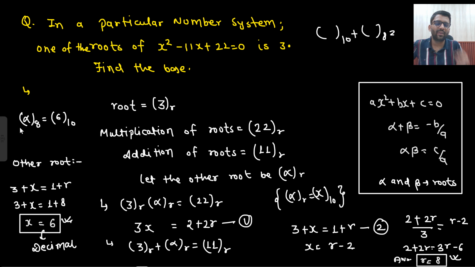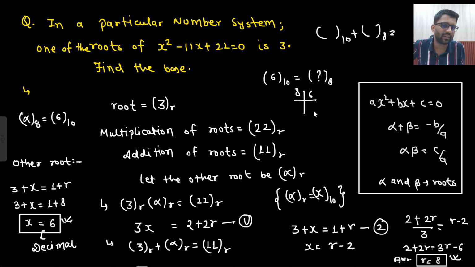So what will that value be in base 8? What do you think? You need to convert 6 from base 10 to base 8. So what will you do? Divide 6 by 8. What will the remainder be? 6 only. It divides 0 times, and the remainder is 6.